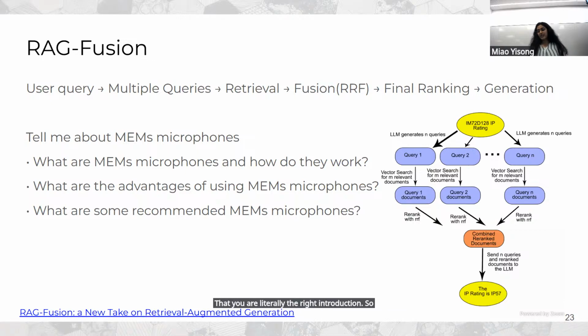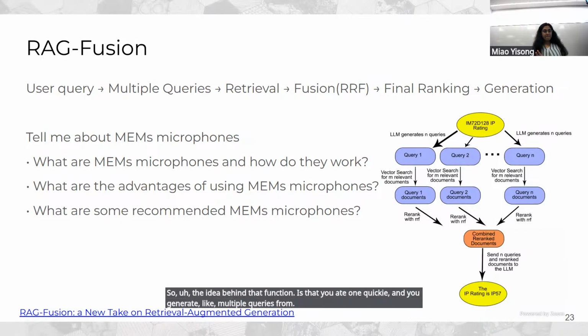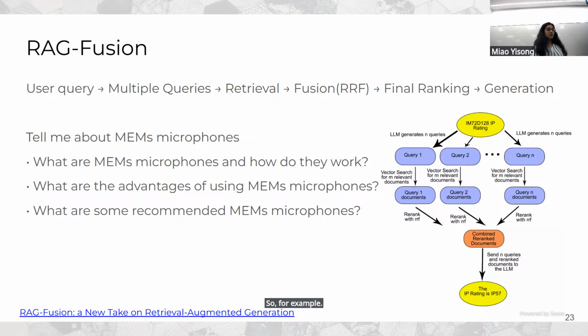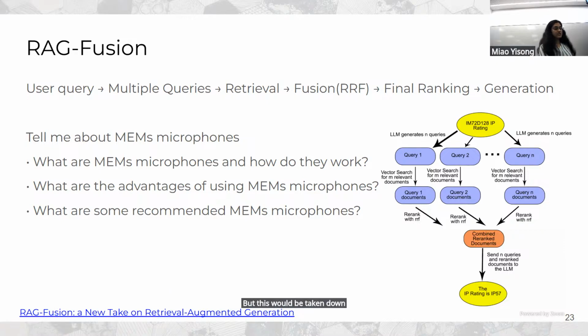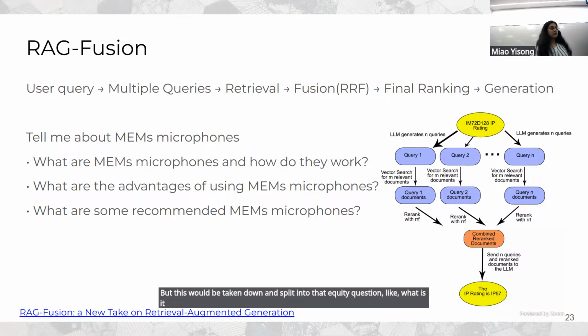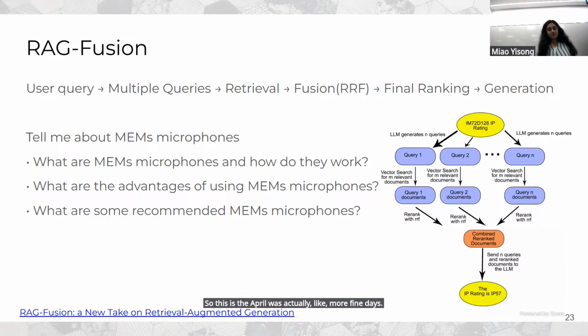So the idea behind RAG Fusion is that you take one query and generate multiple queries from it. For example, this query, "tell me about English micro," is very general, but this would be split into three questions, like what is it, how does it work, and so on. This way we're able to retrieve more fine-grained information.